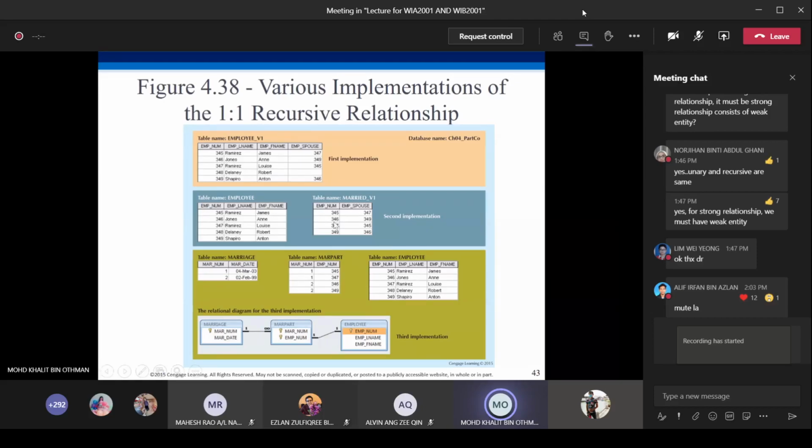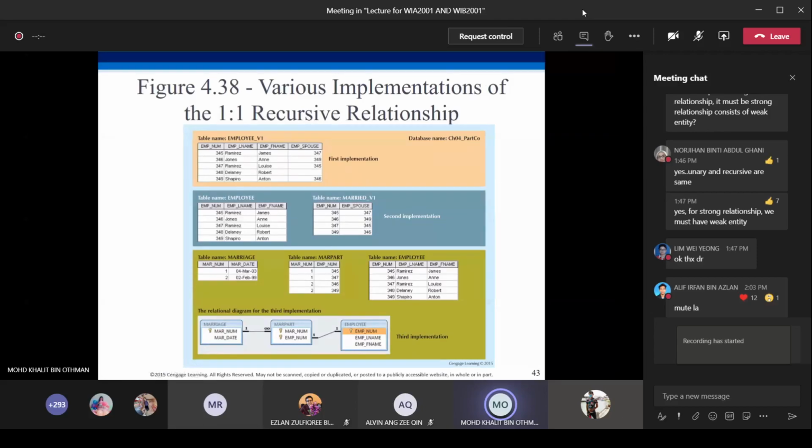For example, the marriage between employee 345 and 347 may still appear twice in the marriage table: 345 with spouse 347, and 347 with spouse 345.